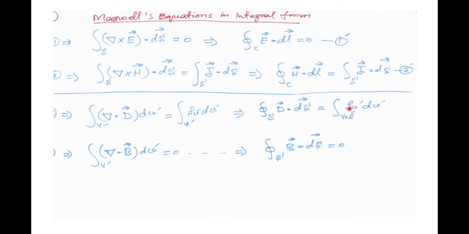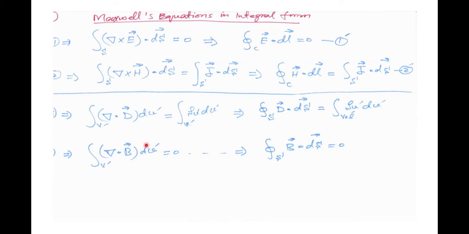So the equation on the right side represents the integral form of Gauss's law for electrostatic field. In this case, there is no variation in the field with respect to time, and no variation in the source with respect to time.